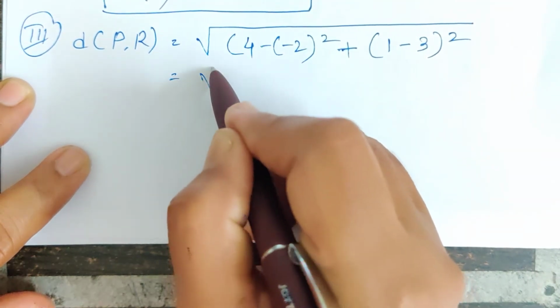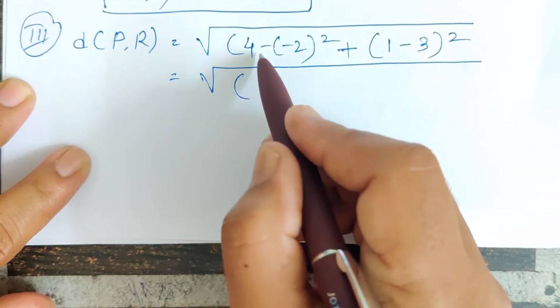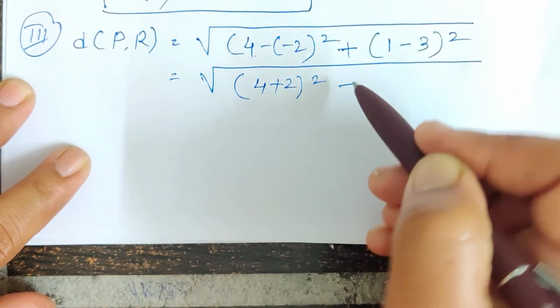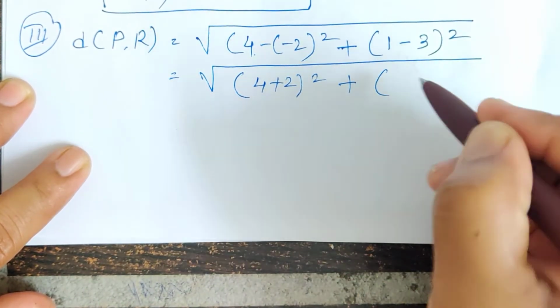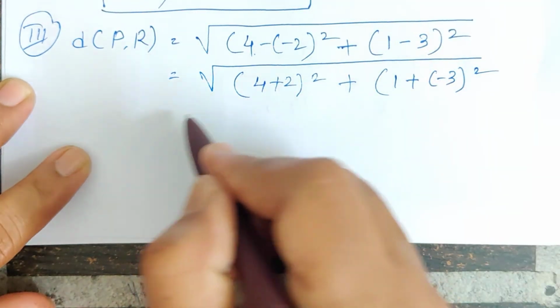If you calculate this using the rules of integers, here you will get 4 plus 2 bracket square plus here 1 plus minus 3 bracket square.